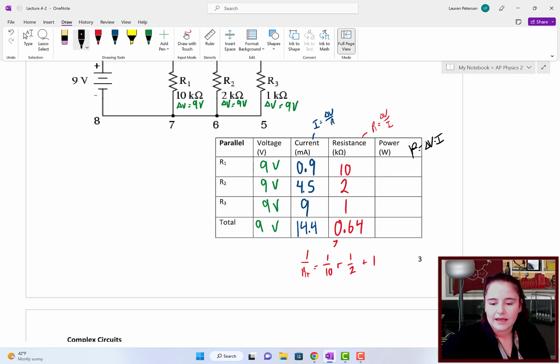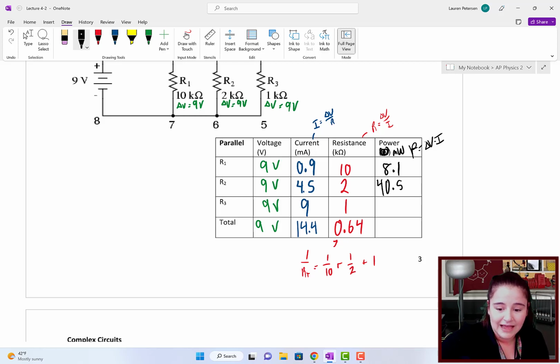So, and this will be in not watts. I actually want it in milliwatts, so we don't have to convert that current. 9 times 0.9 gives us 8.1 milliwatts being pulled by R1. 9 times 4.5, we got 40.5 milliwatts of power coming through R2.